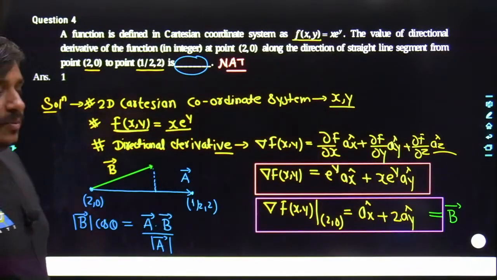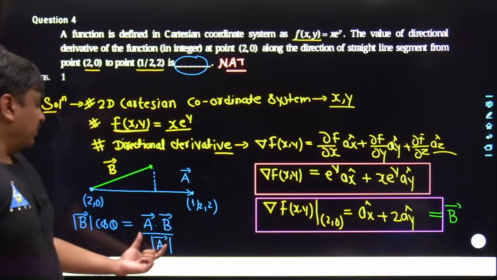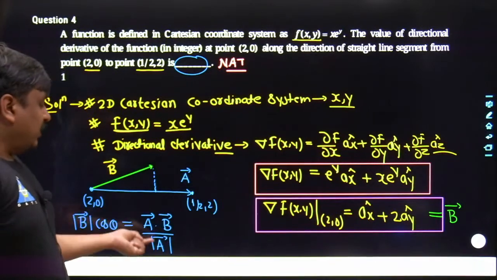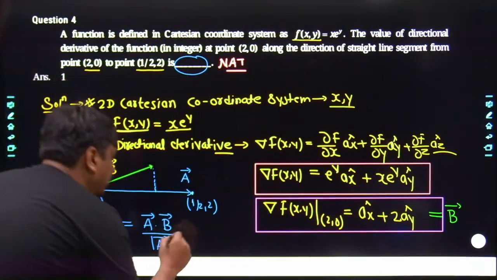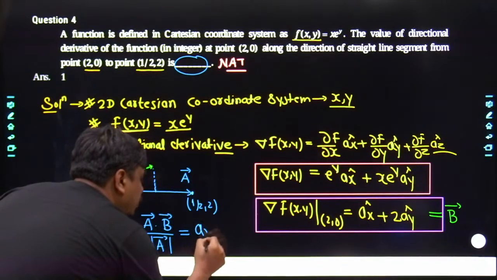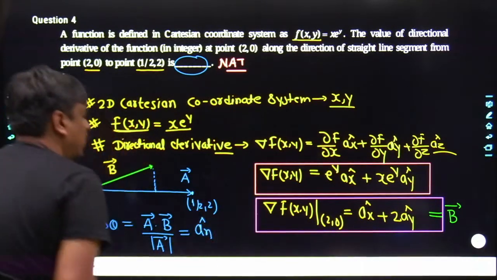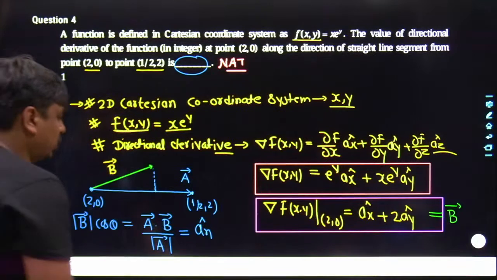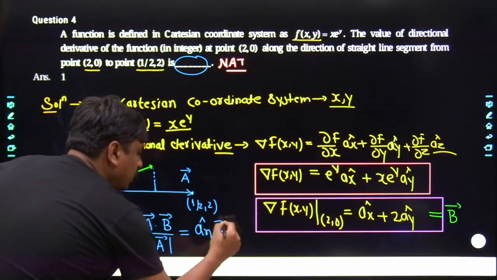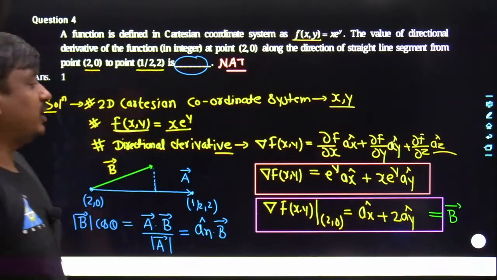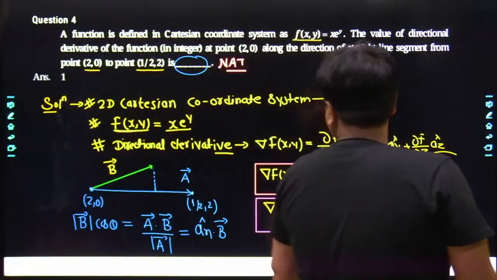Once we divide by the magnitude of a vector, it can simply be written as the unit vector over vector a, dot b vector. Whatever answer you get now, that would be the final answer for this given problem.